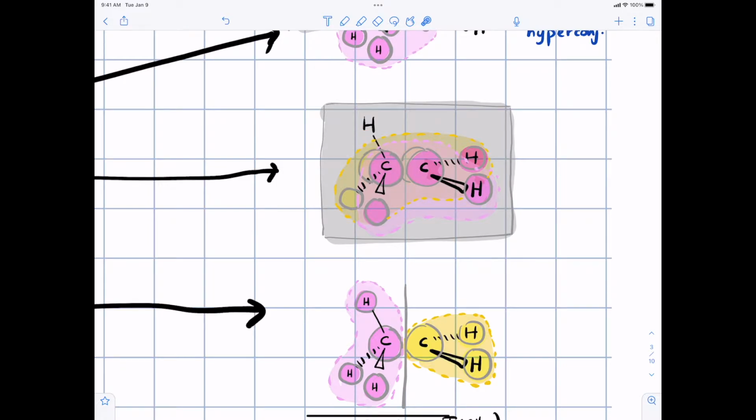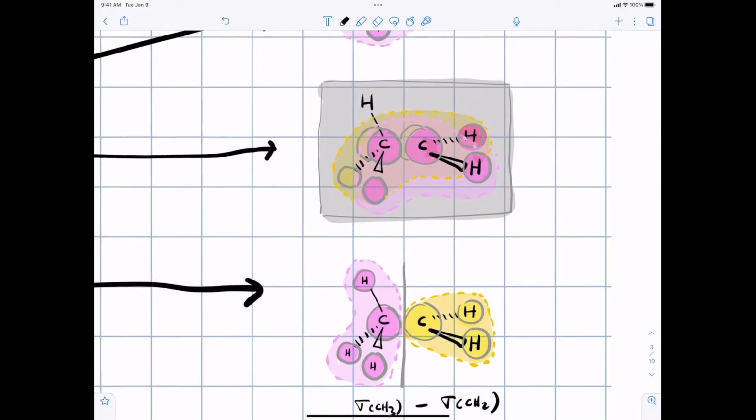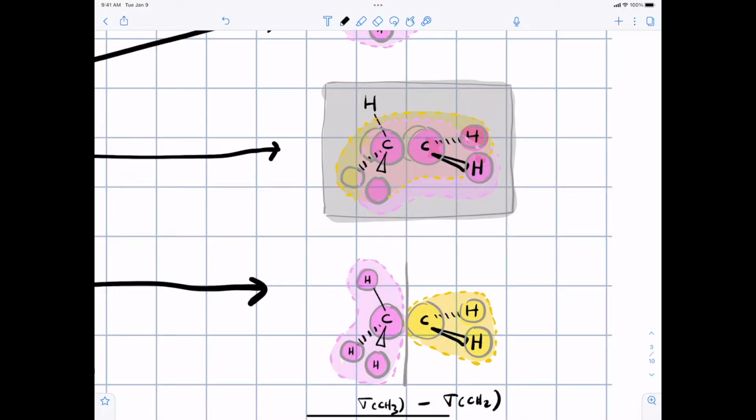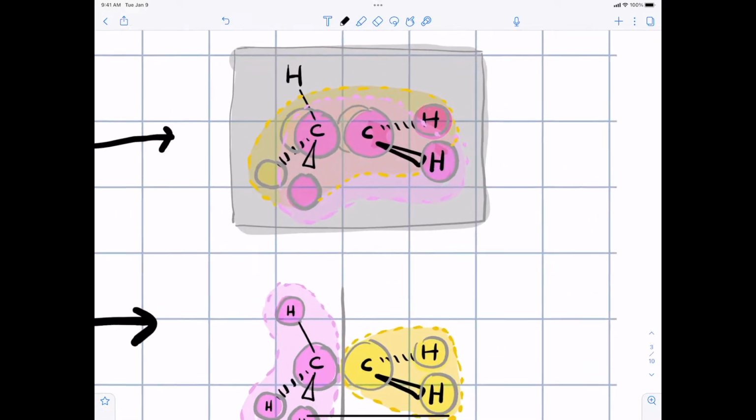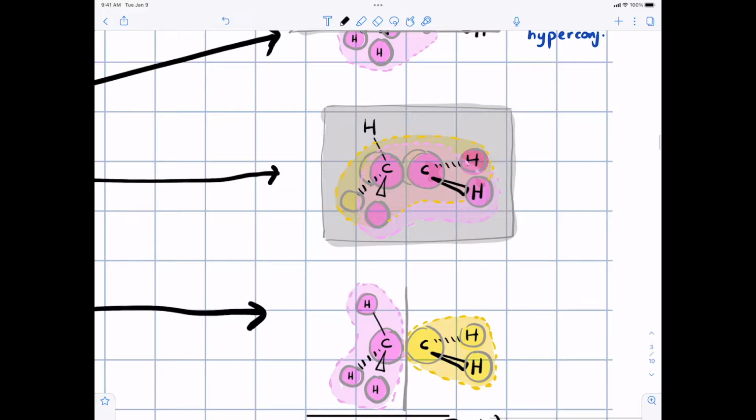And this is then, what do you think this one comes from? On the CH2 side, what kind of orbital is that? Some kind of pi. Why is it pi? If you look, you have a p orbital on that carbon, and then s orbitals.